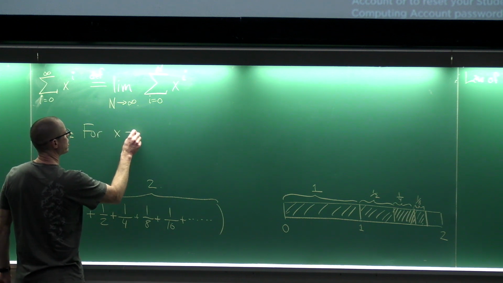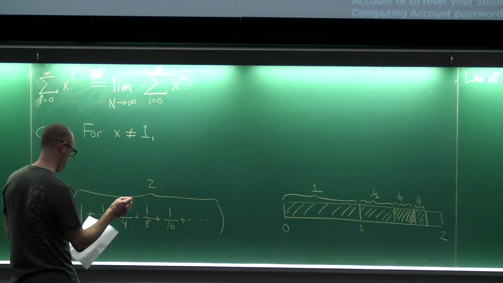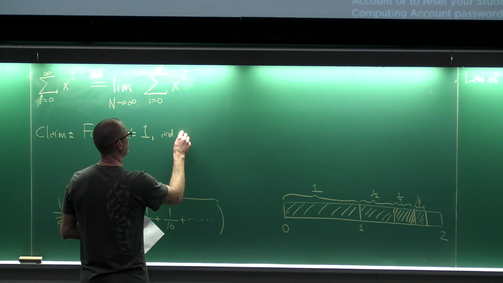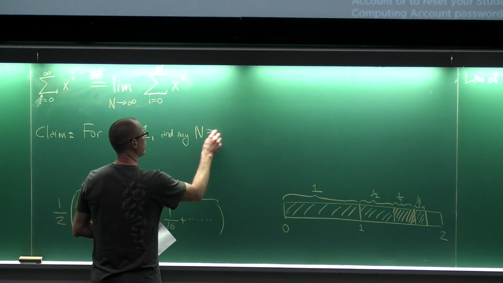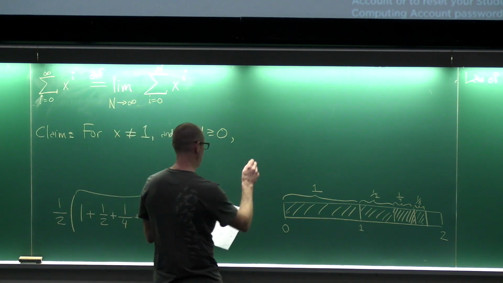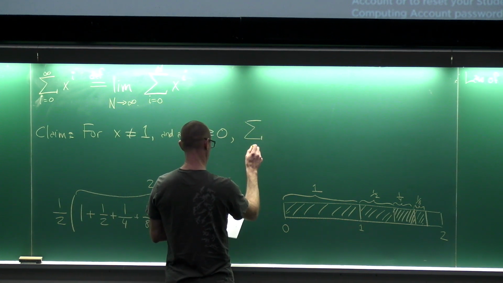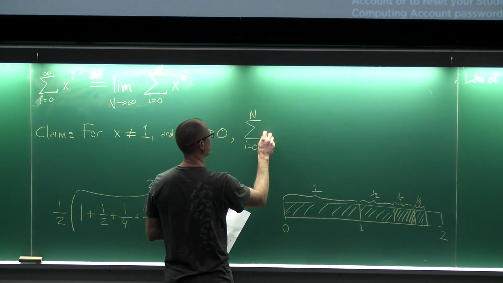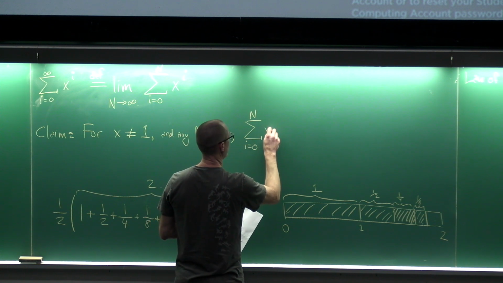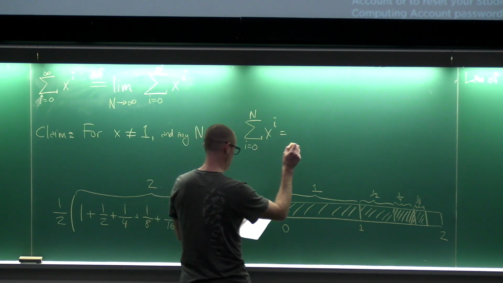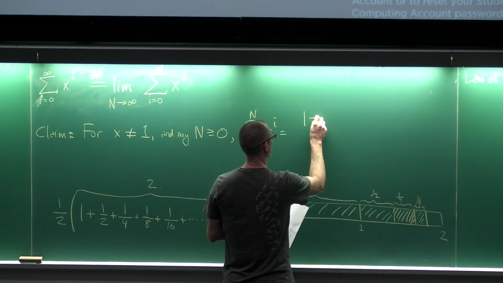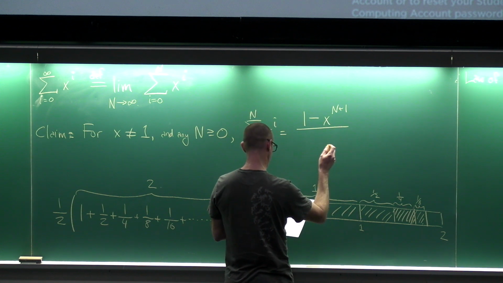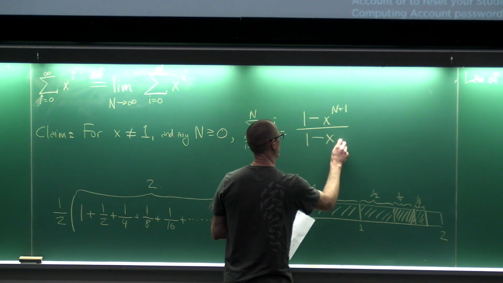For any x not equal to 1, and any n bigger than or equal to 0, the sum i equals 0 to n of x to the i is equal to 1 minus x to the n plus 1 over 1 minus x.